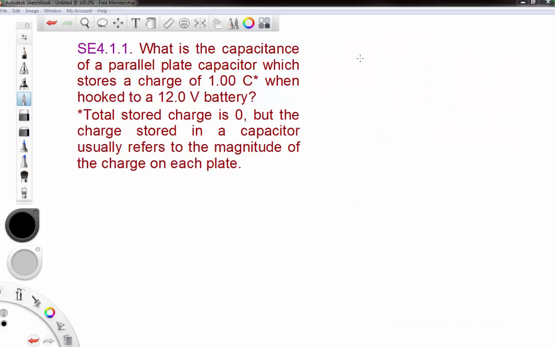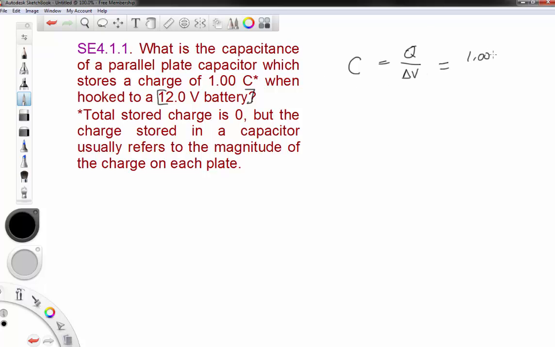Alright, well, since C is equal to Q over delta V, we can get the capacitance by noting that this right here is also going to be the voltage drop across the capacitor that's hooked up to this battery.